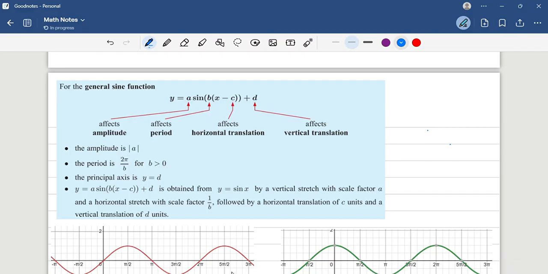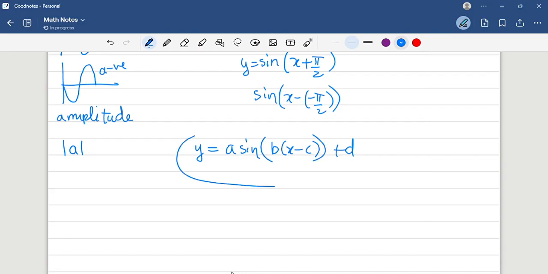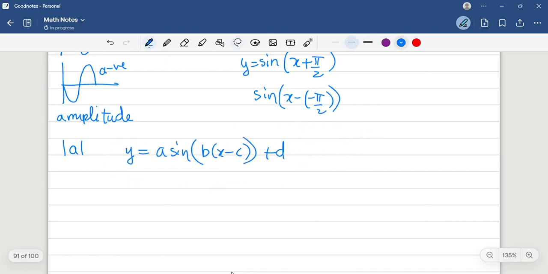One very important thing before I forget. A sinusoidal function can be given as y is equal to a sine b(x minus c) plus d. Or else it could also be given as y is equal to a sine (bx minus c) plus d.